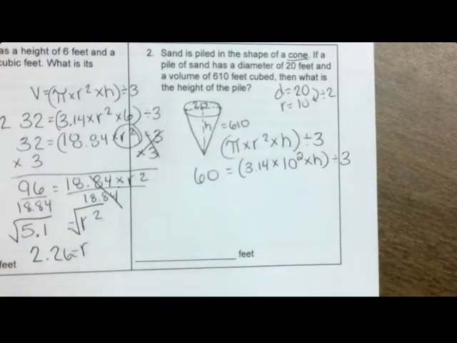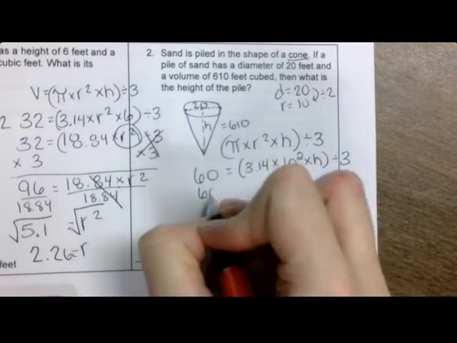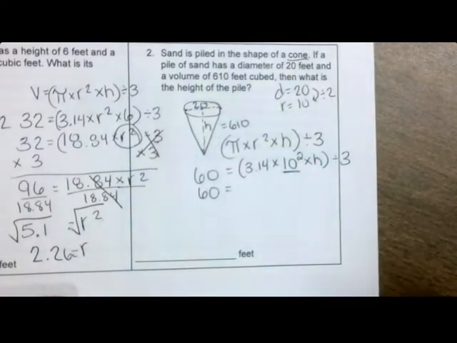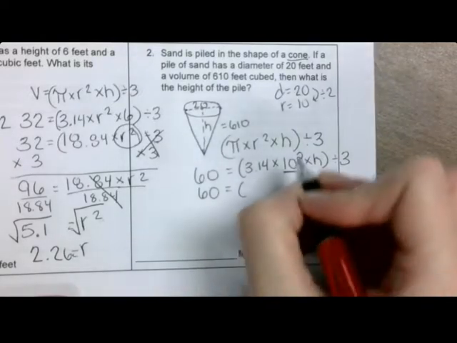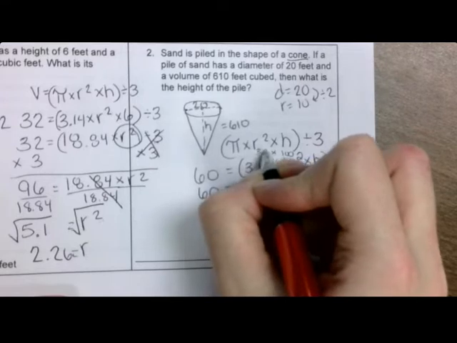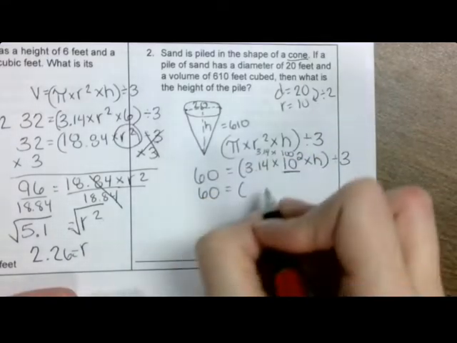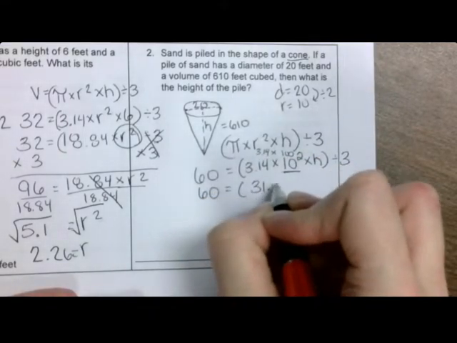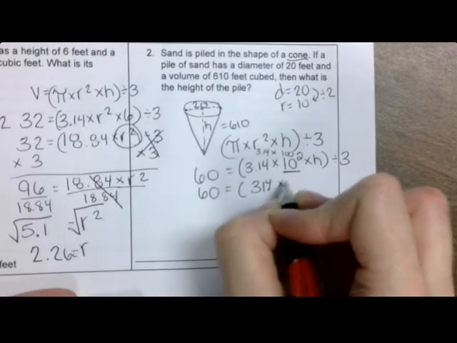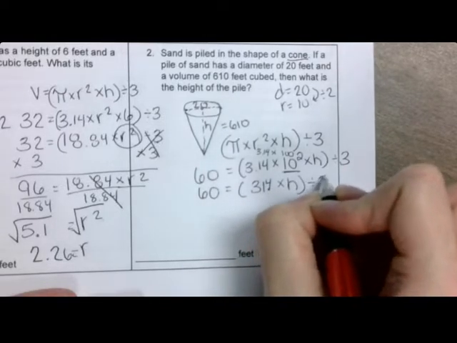So let's get this whole inside done real fast. So let's bring down our 610. What is 10 squared? 100. And what is 100 times 3.14? 314 times h divided by 3.